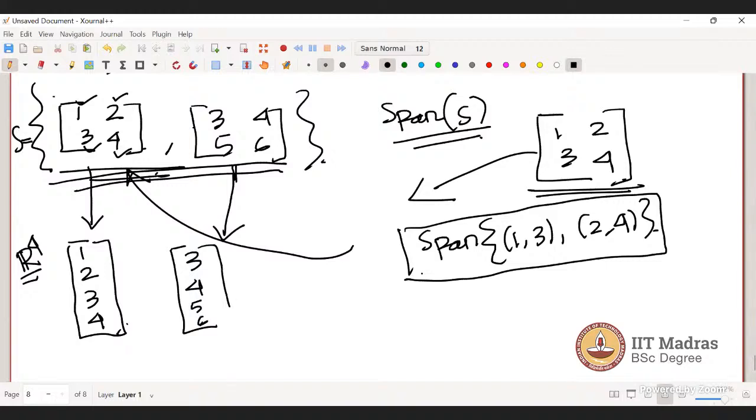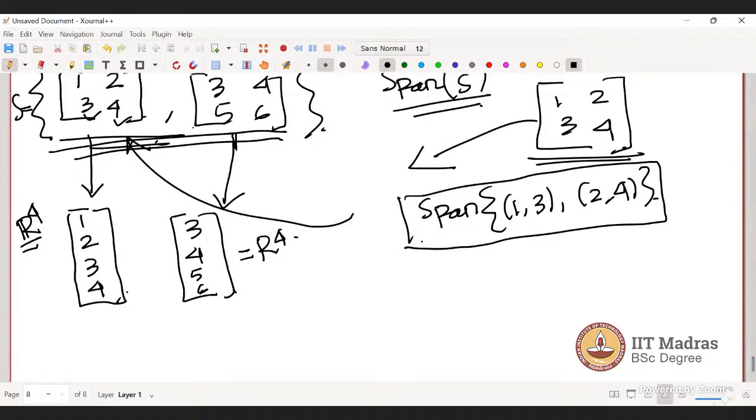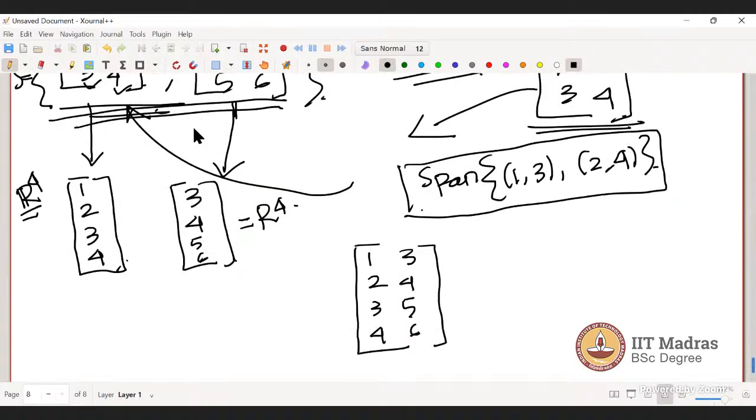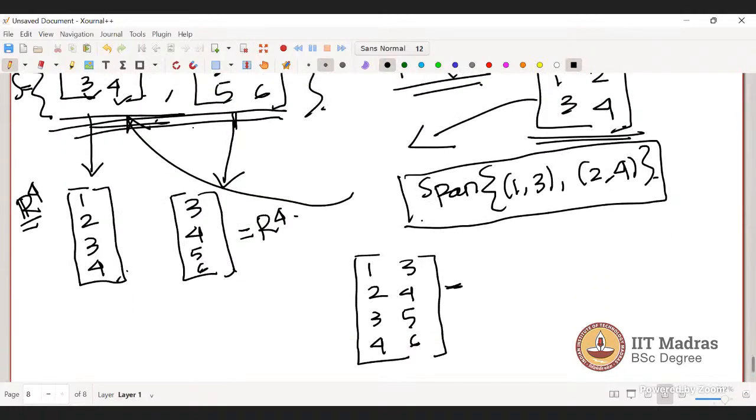Now what you have done is converted this matrix into an element of Rn. Now this is an element of R4, and this is also an element of R4. Now you compute the rank of this new matrix, 1, 2, 3, 4, 3, 4, 5, 6. The rank of this matrix will give you the dimension of this set S.